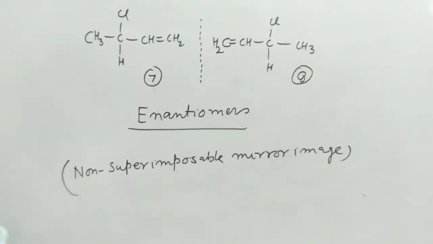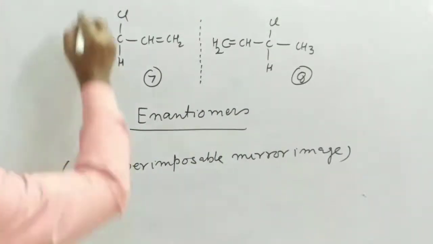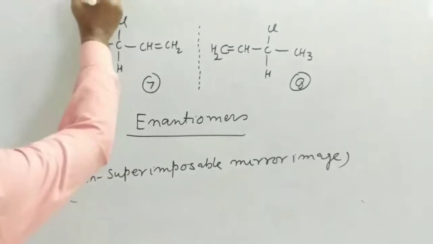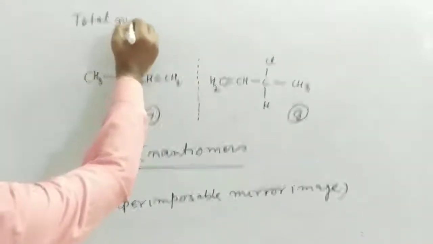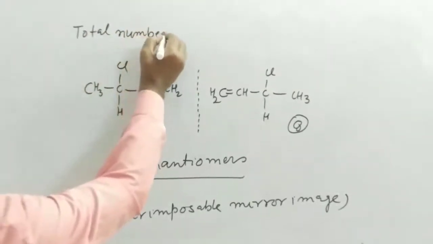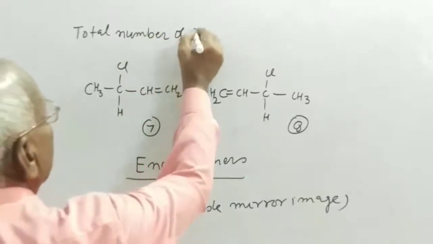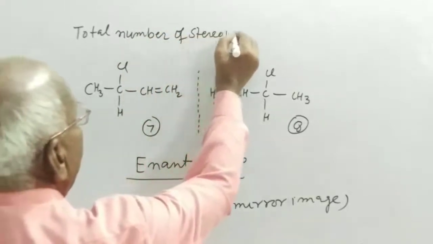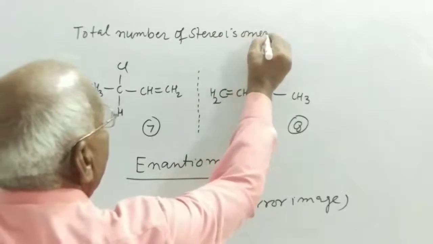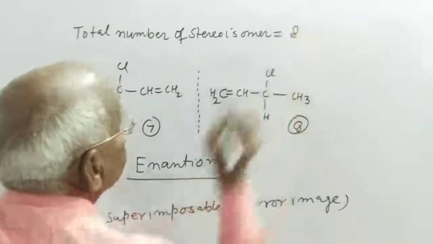So the total number of stereoisomers is equal to 8.